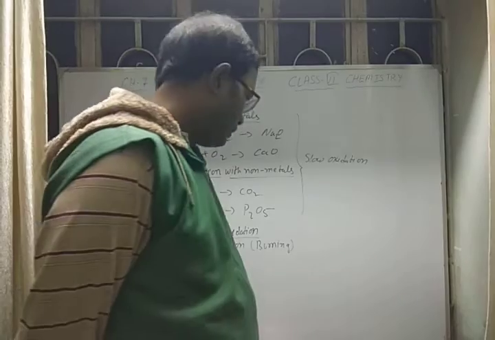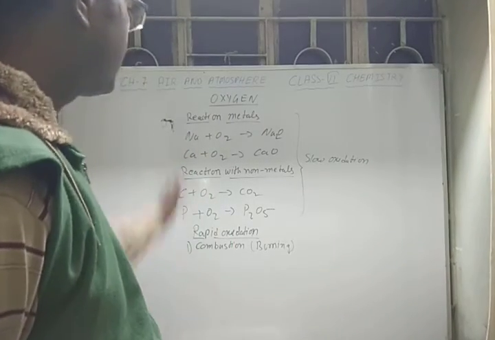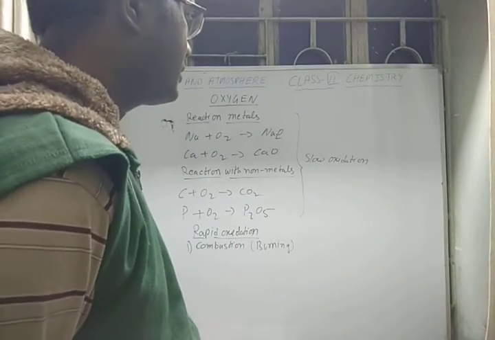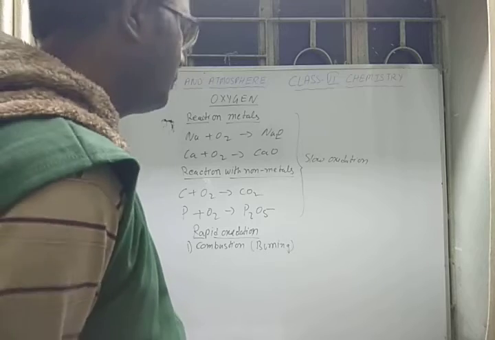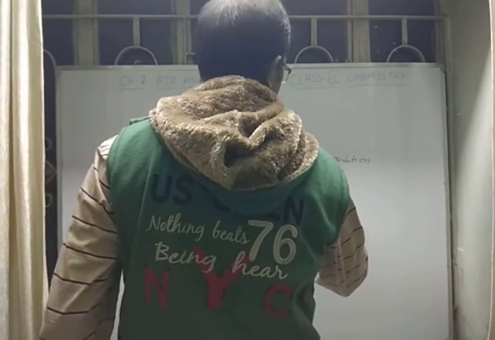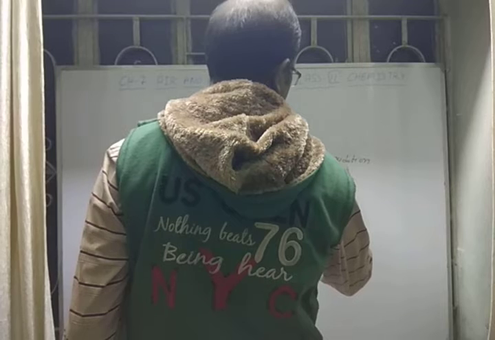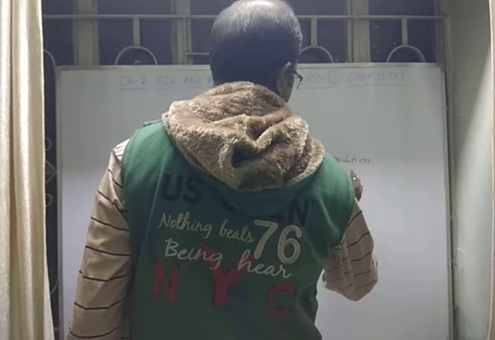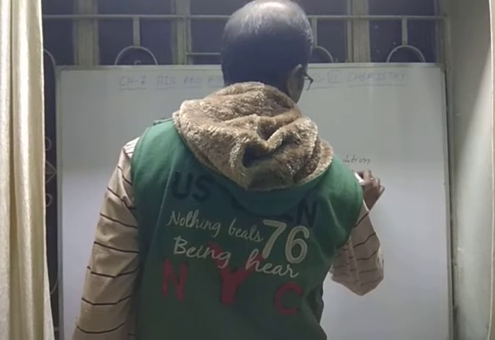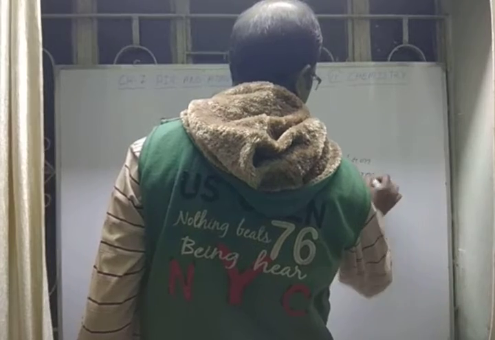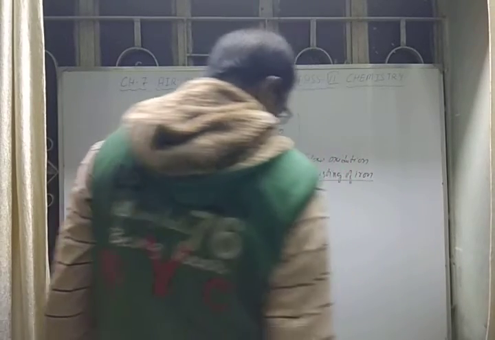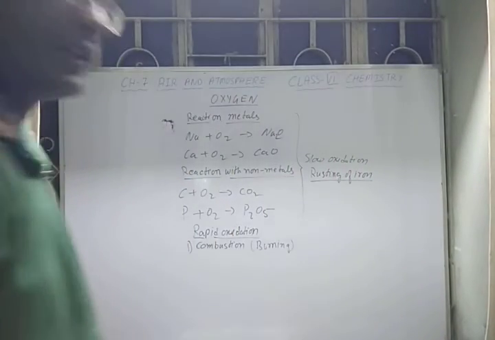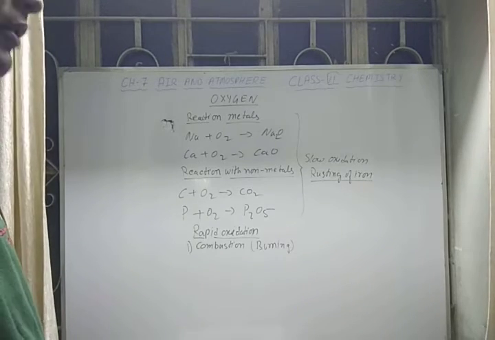In the slow oxidation process we can see some more examples. A common example for slow oxidation is the rusting of iron. Very familiar example, you have seen the rusting process in the metals and non-metals chapter also.